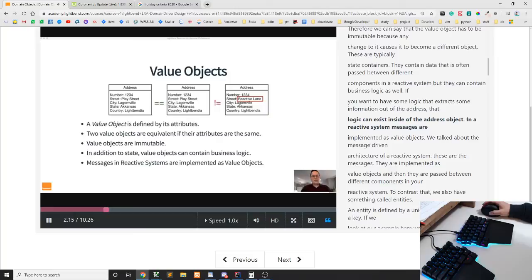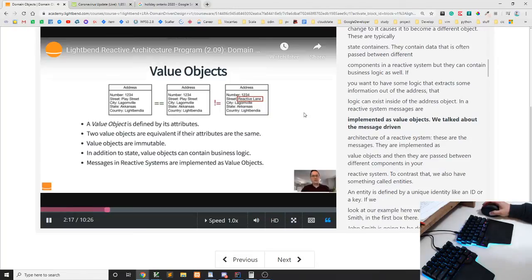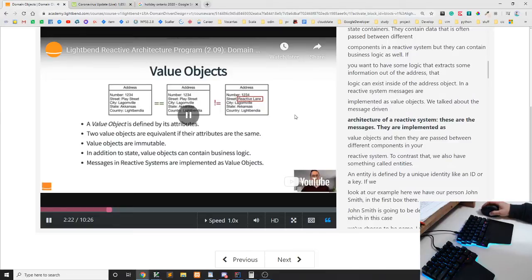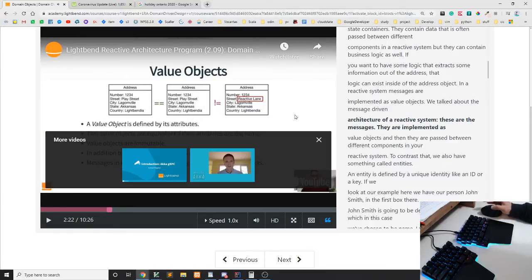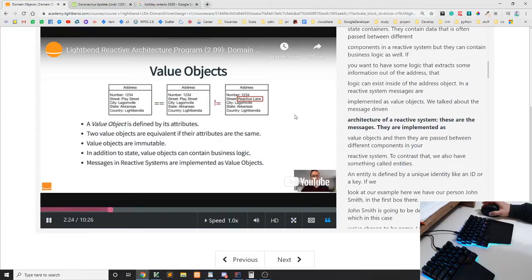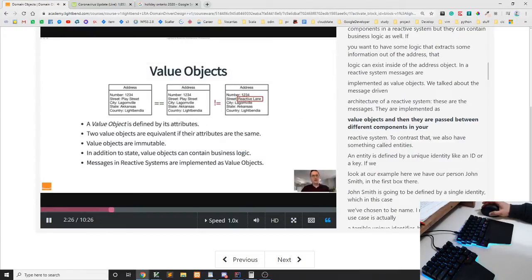In a reactive system, messages are implemented as value objects. So we talked about the message-driven architecture of a reactive system. These are the messages. They are implemented as value objects, and then they are passed between different components in your reactive system.